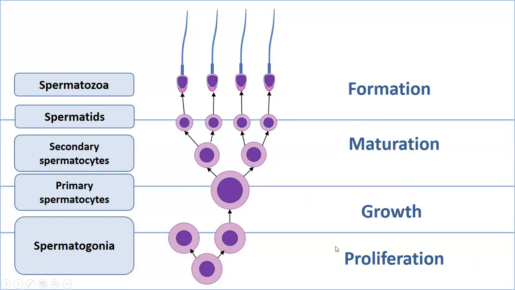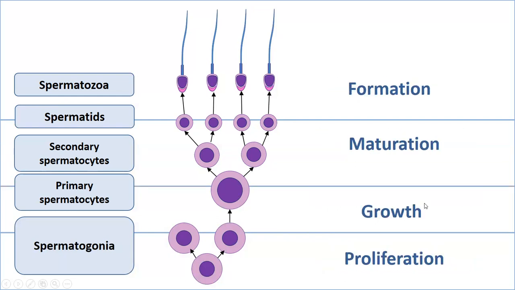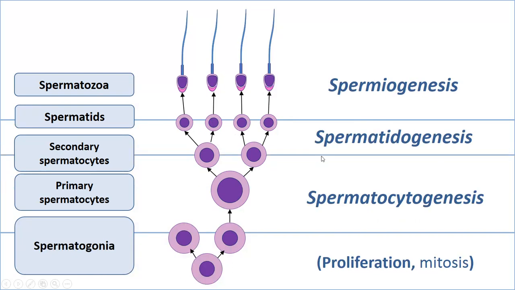The first stage is proliferation, mitotic divisions of spermatogonia. The second stage is growth, when spermatogonia are growing and they become primary spermatocytes. This stage corresponds to spermatocytogenesis. The next stage is maturation. It includes 2 meiotic divisions, and it results in the formation of 4 spermatids. It corresponds to spermatidogenesis.